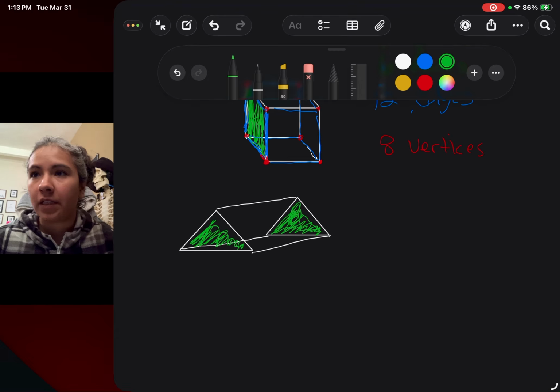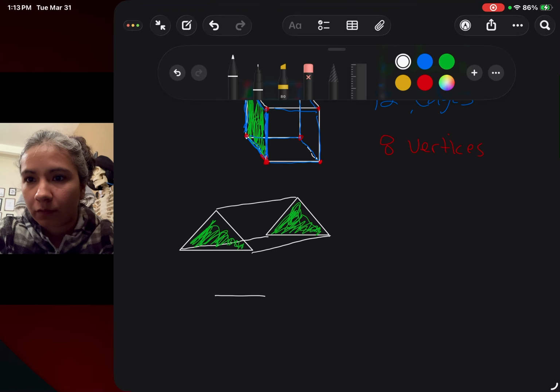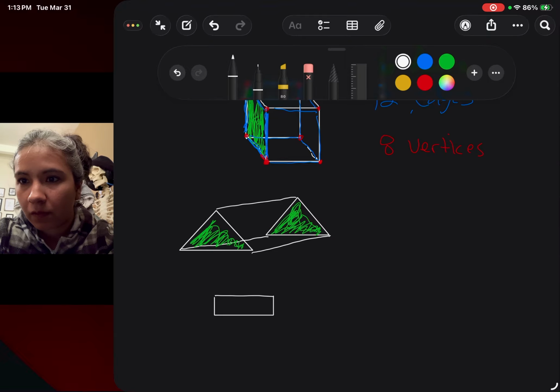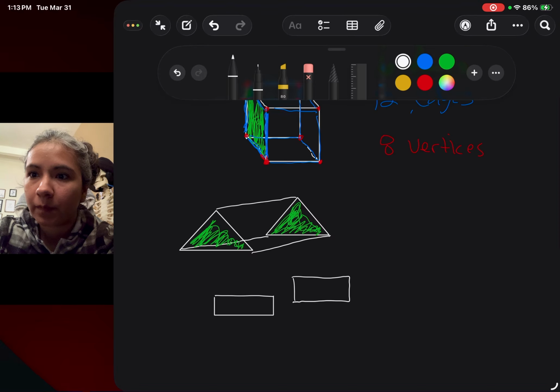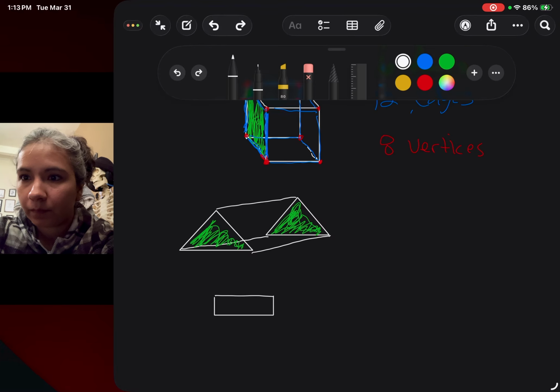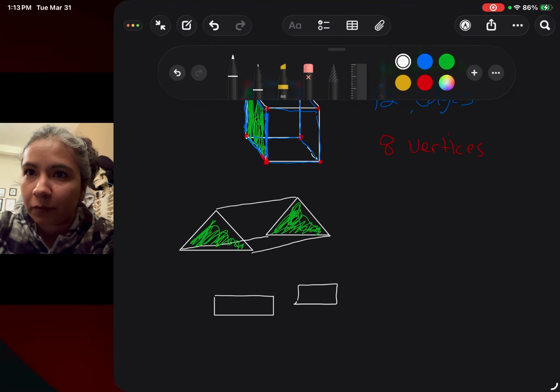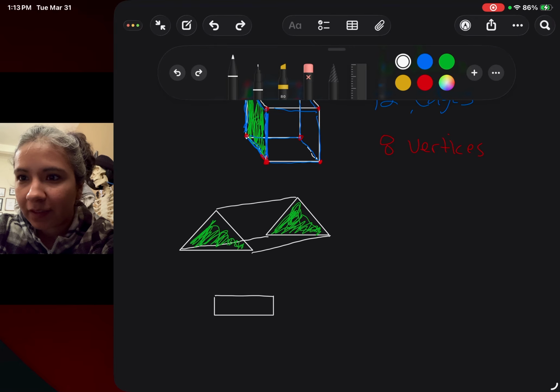So for a rectangular prism, we would draw 2 rectangles. Goodness, I can't draw this.